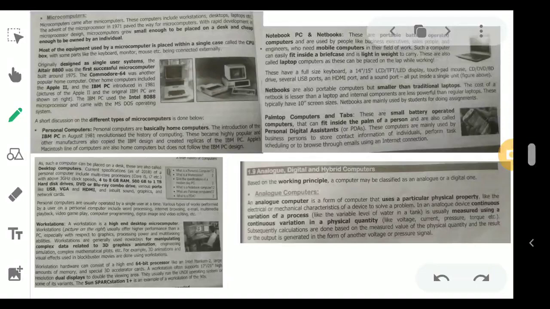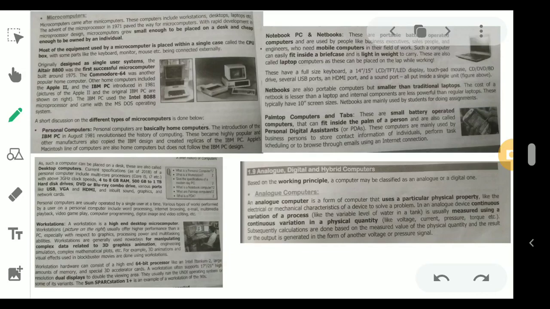An analog computer is a form of computer that uses a particular physical property. What are those physical properties? Electrical or mechanical characteristics of a device. In an analog device, the continuous variation of a process is usually measured using a continuous variation in a physical quantity.